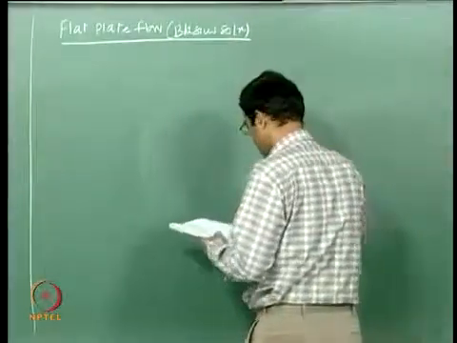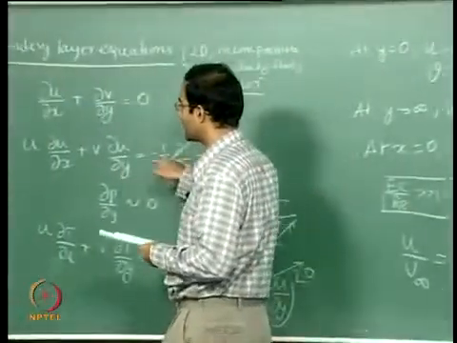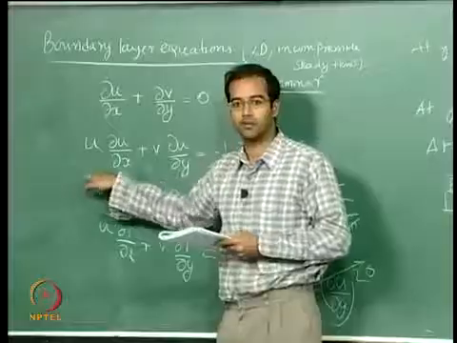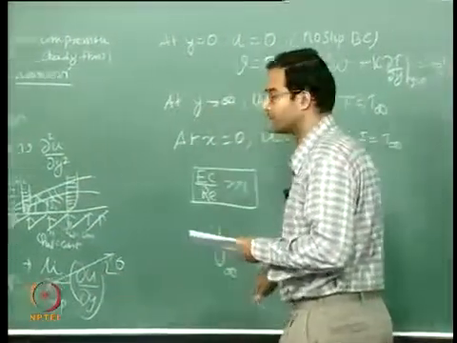I am starting with the x momentum equation and I am going to integrate it along y from the wall surface all the way till the boundary layer thickness delta.